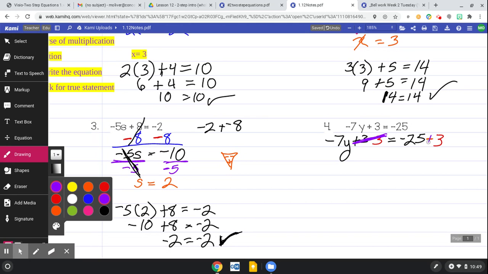Well, add your opposite, and you have a negative plus a negative. Same signs, add and keep your negative. So when I rewrite this, it's negative 7y equals negative 28.